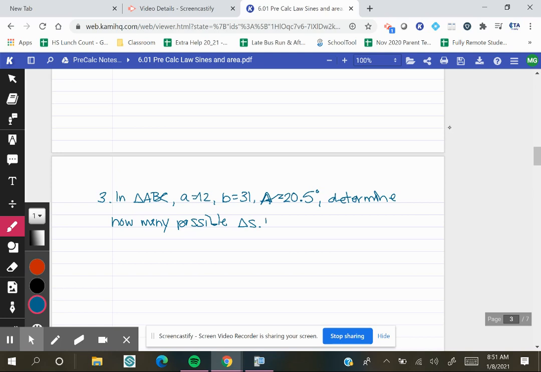We can round to the nearest tenth where appropriate. And I want you to find and solve all triangles.